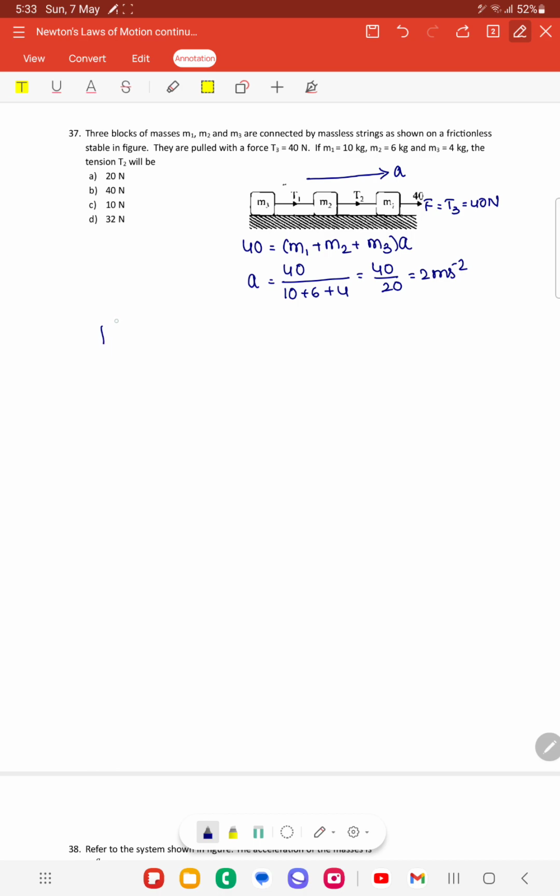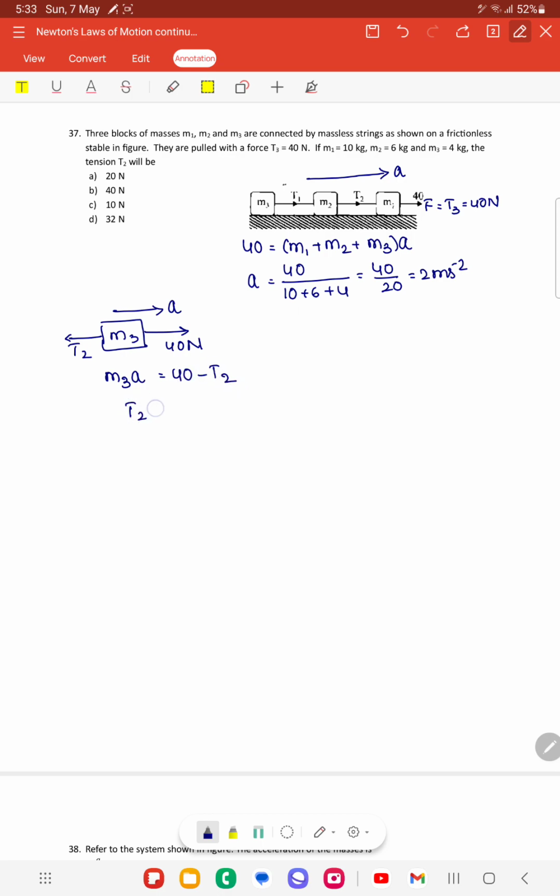So if you consider M3 here, the 40 Newton force acts towards the right, and the tension T2 to the left, and the net force acts towards the right. So that is M3 into A, net force is nothing but 40 minus T2.